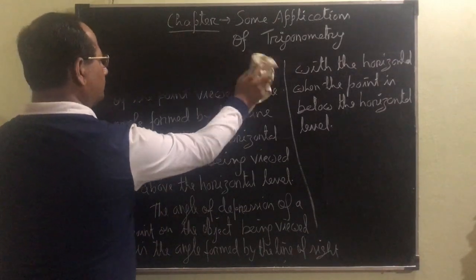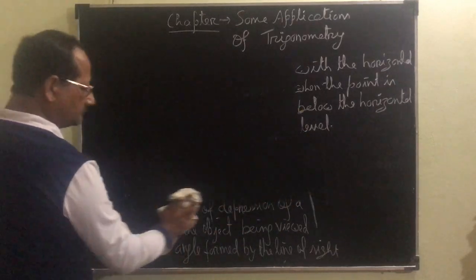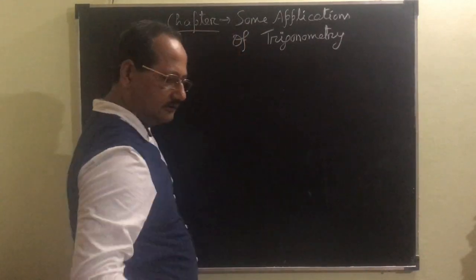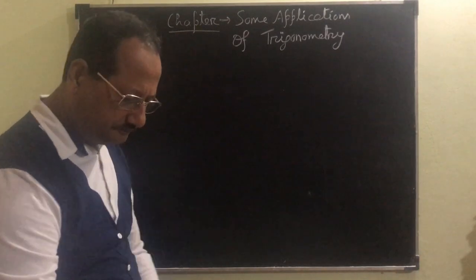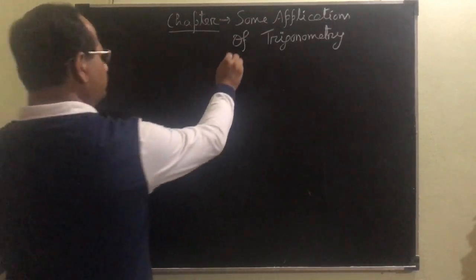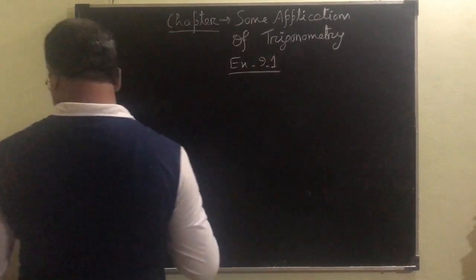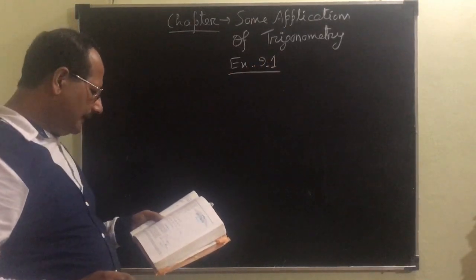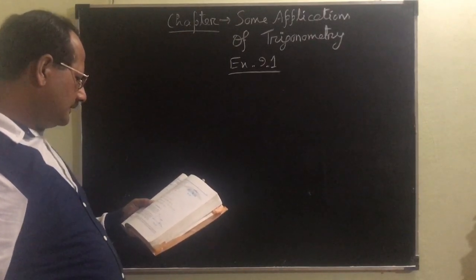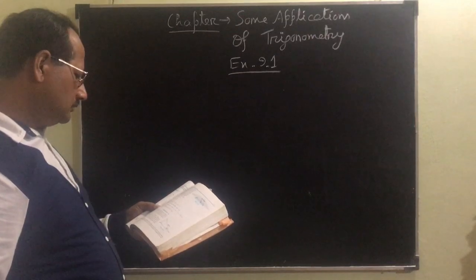Now see the problems. Now discuss the problems. The first problem is exercise 9.1. A circus artist is climbing a 20-meter long rope which is tightly stretched and tied from the top of a vertical pole to the ground.